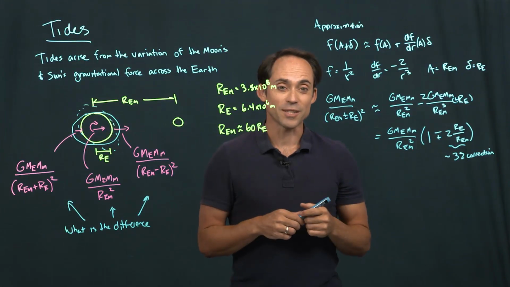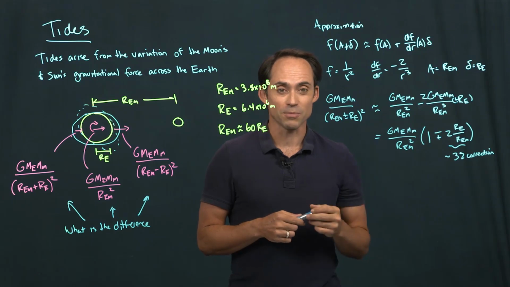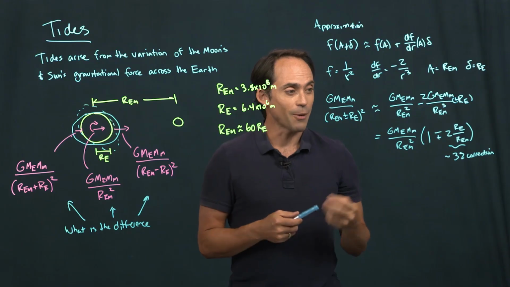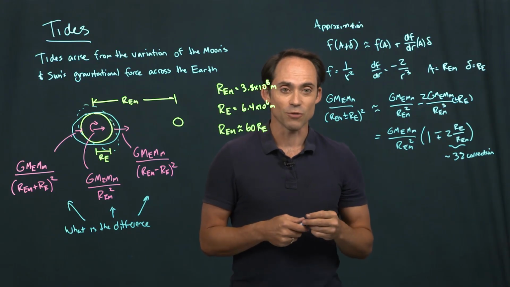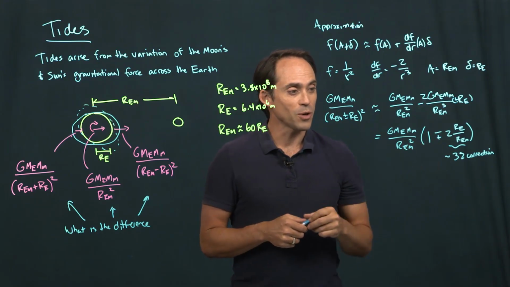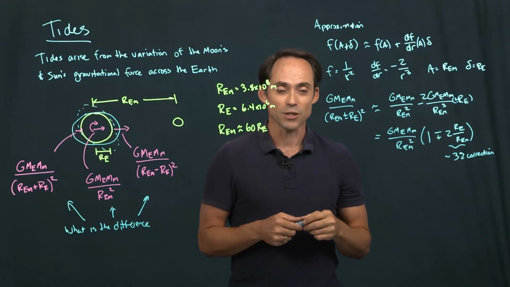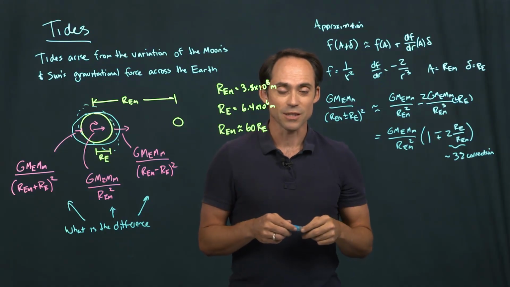So this is just an example of how we can use our approximation methods to calculate something about the tidal force and how it depends on the distances involved. Instead of the Earth-Moon, I could always look at this similarly with the force that's exerted by the sun, and we'll get a slightly different expression because we're looking at different distances between the Earth and sun and different sun masses, of course.